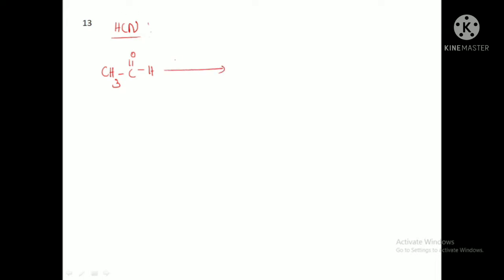On adding HCN, it splits as H plus and CN minus. CN minus is the nucleophile, which attacks the carbon atom, and electrons move onto oxygen, and oxygen takes this proton. So I will get CH3 CH(CN)OH. This is cyanohydrin.